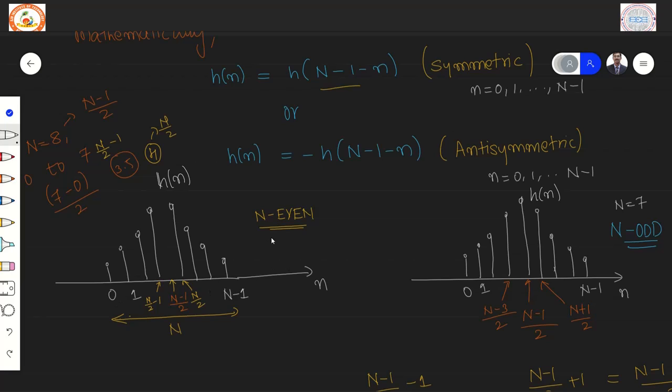When we say N is even, we are showing the points for h of n which start from 0 till N minus 1. We are aware that N minus 1 by 2 is the midpoint. So at the center here we have the midpoint.